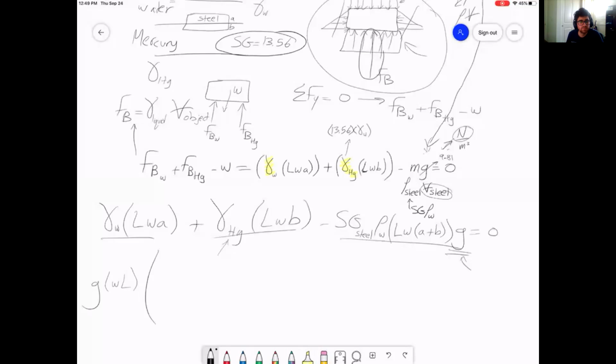Density of water times A plus density of mercury times B minus SG of steel times density of water times A plus B, exactly. And that's equal to 0.